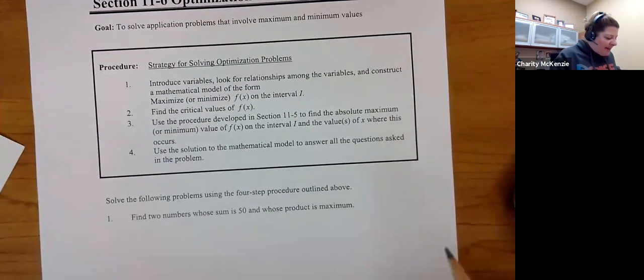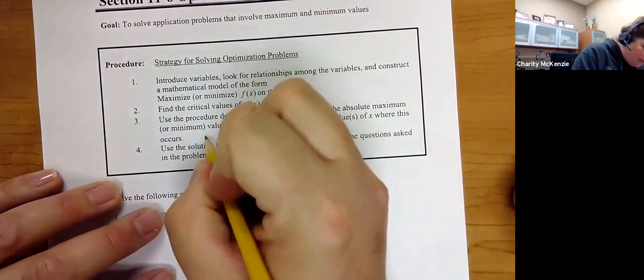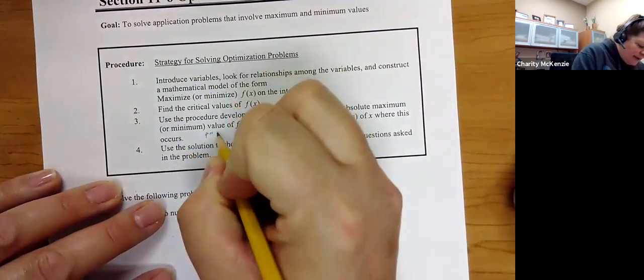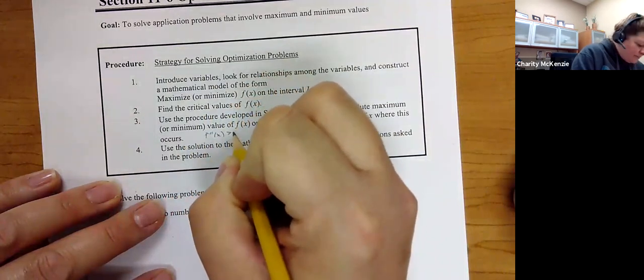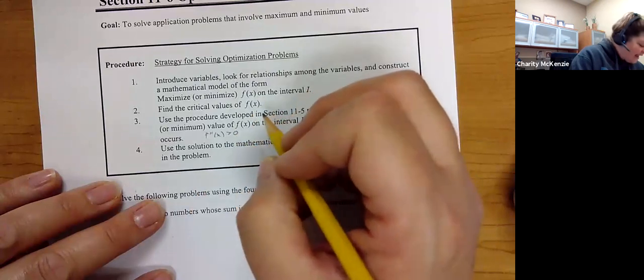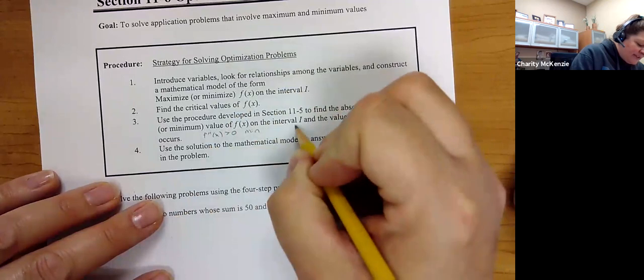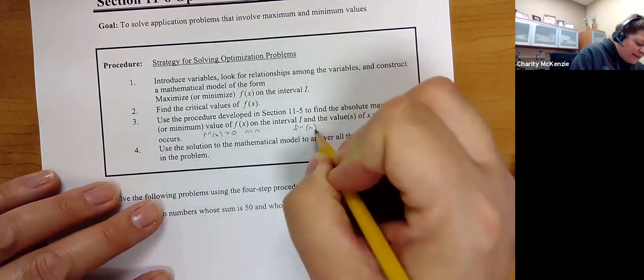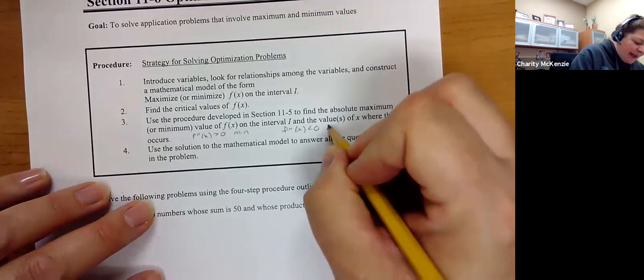Maybe I'll write that on here, because we had: if the second derivative is greater than 0, then we said absolute min. And if the second derivative was less than 0, so if it's negative, we said it was an absolute max.